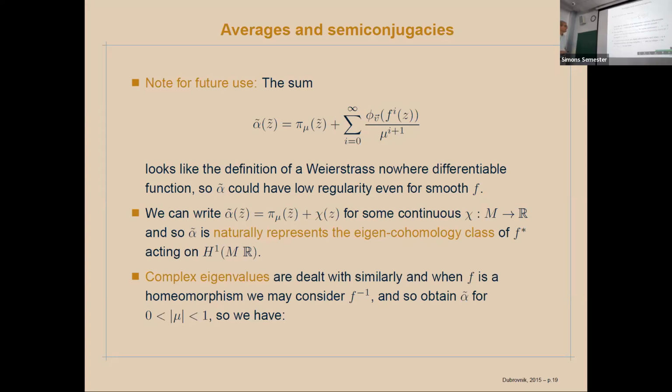This is not so important. There's a general theory of these. It's an eigen cohomology class. One thing that I'm not talking about is complex eigenvalues and repeated eigenvalues where you have non-trivial Jordan blocks. It's a royal pain, but you deal with it.